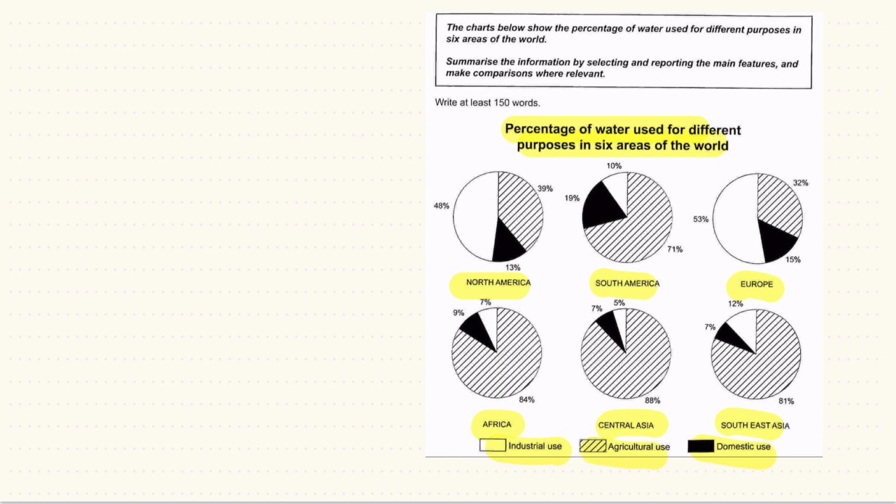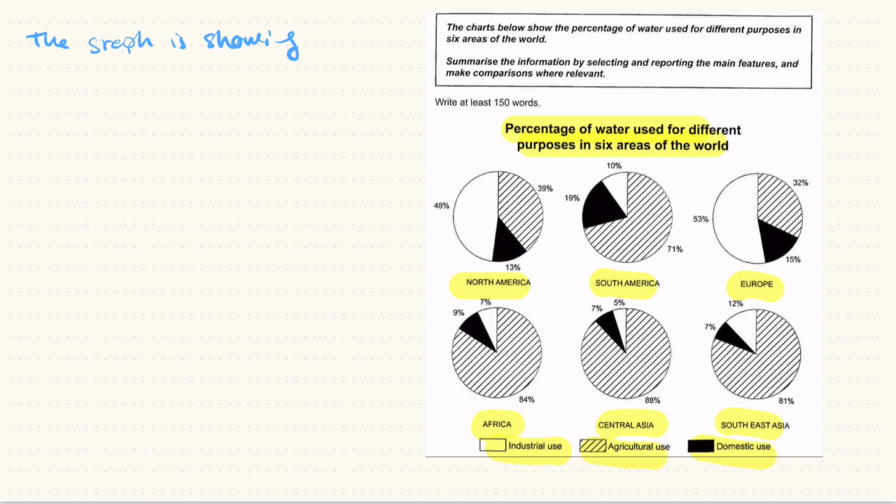So let's just shortly write an introduction for our description. So the graph is showing, in the previous one we used depicting, but in this one we're using showing for no particular reason.